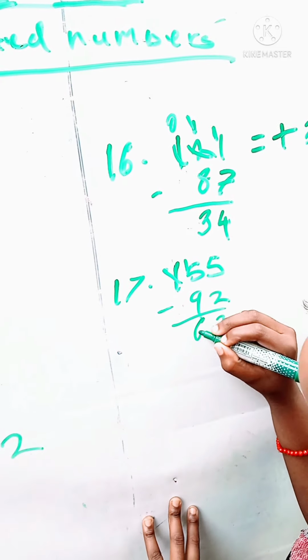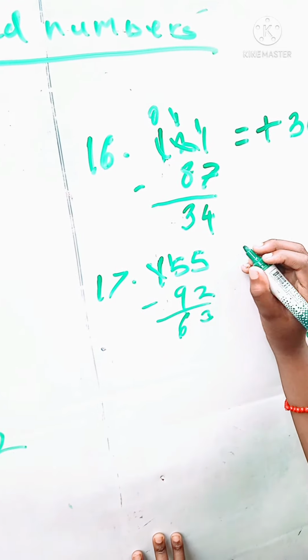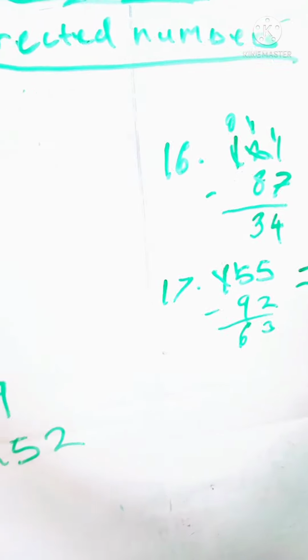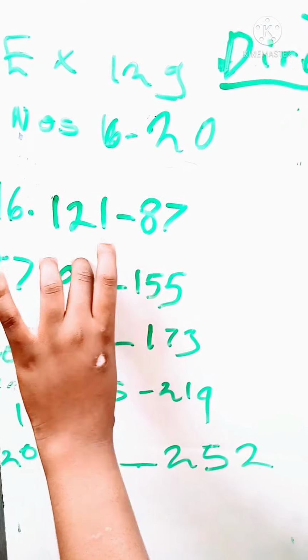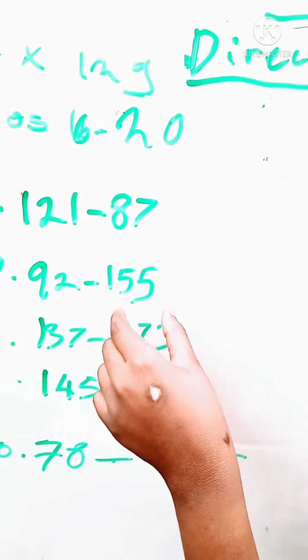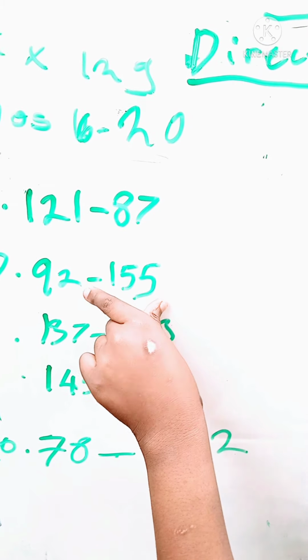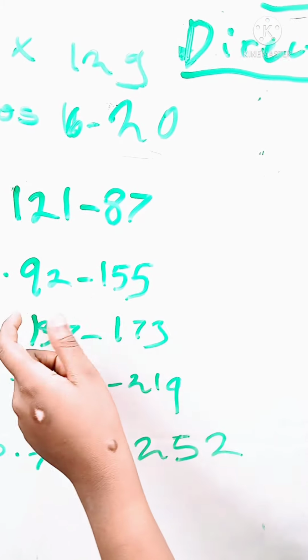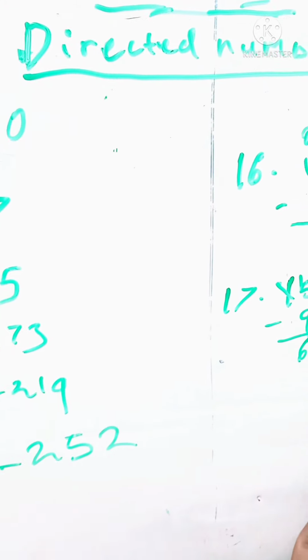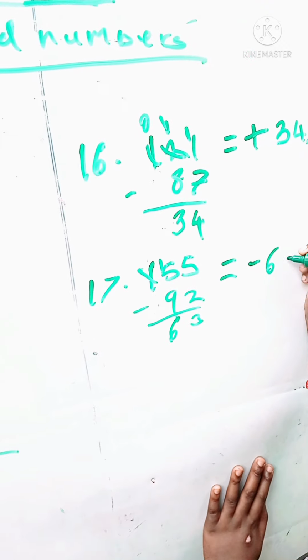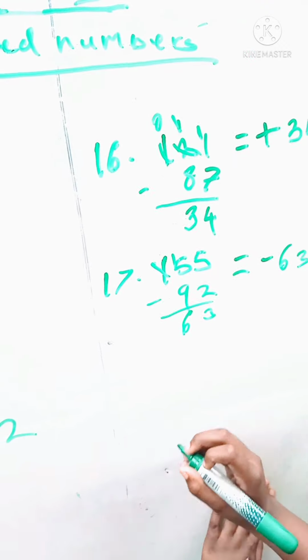We got 6 over here, and this is a positive number, but because the bigger number is carrying a negative sign, the minus, and this is carrying a positive sign but is not the bigger number, it will now be minus 63. Wow, you can see that she's very brilliant.